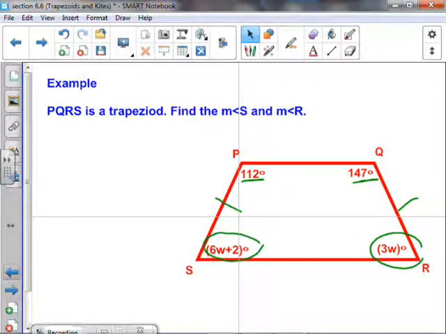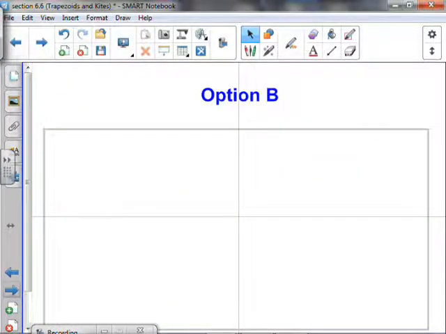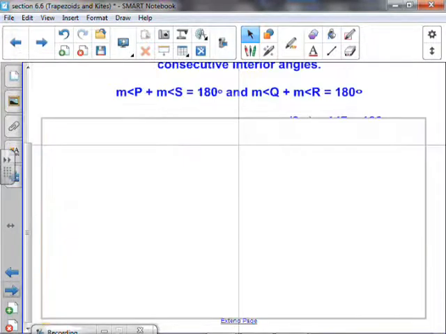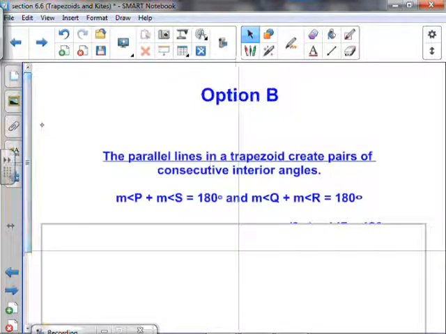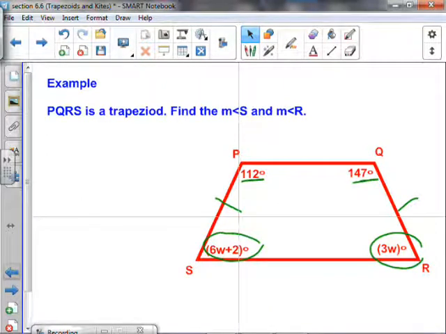Now, there is another option that we had, option B, for answering that same question. We know that parallel lines in a trapezoid create pairs of consecutive interior angles. Let me bring this picture here so that we can actually see what that's saying.